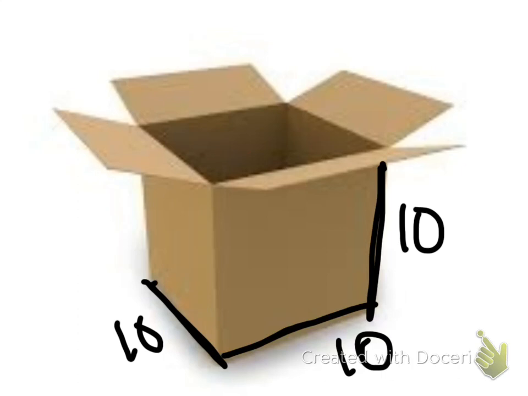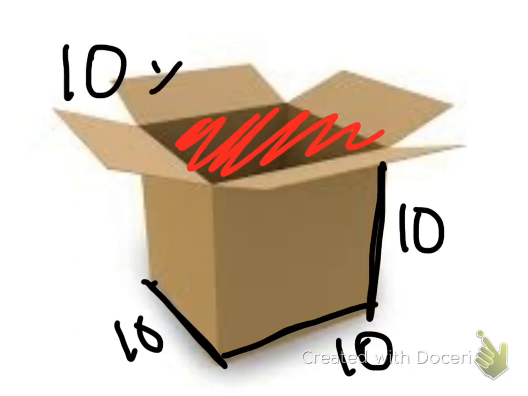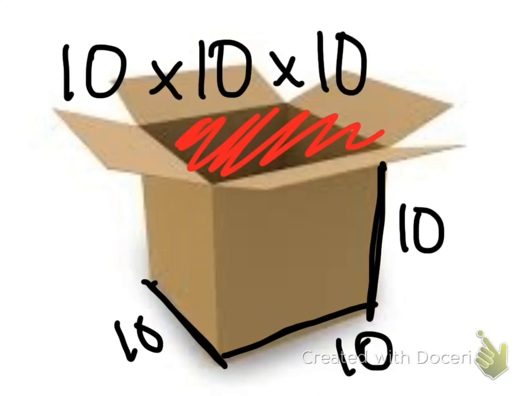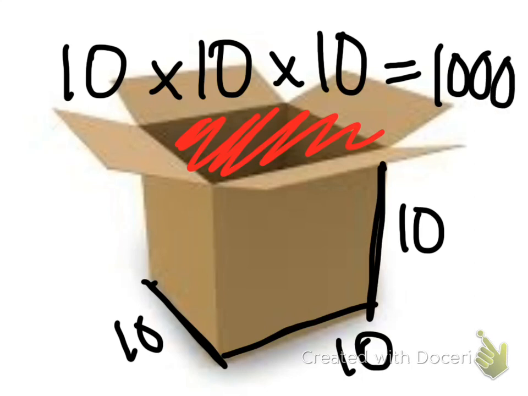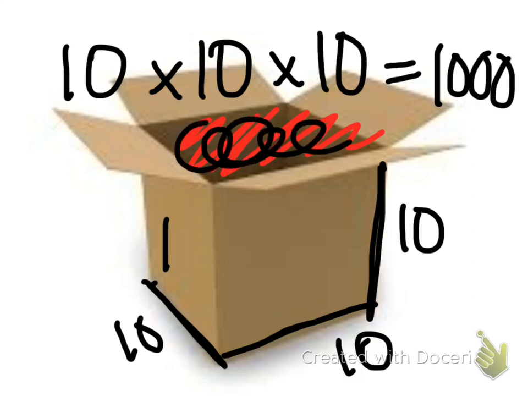So in order to find the volume, or in other words, everything in here, we would simply multiply 10 times 10 times 10, and this would equal 1,000. So everything in here would be equal to 1,000 units cubed.